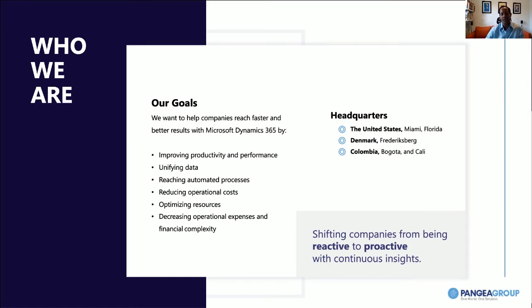Reaching automated processes. Nowadays there's a lot of buzz with regards to RPA, robotic process automation. And it's not that there's a robot that's actually making the change or performing the action within an organization. RPA really means that how can we look at your business and your process and automate certain steps of that process using technology?